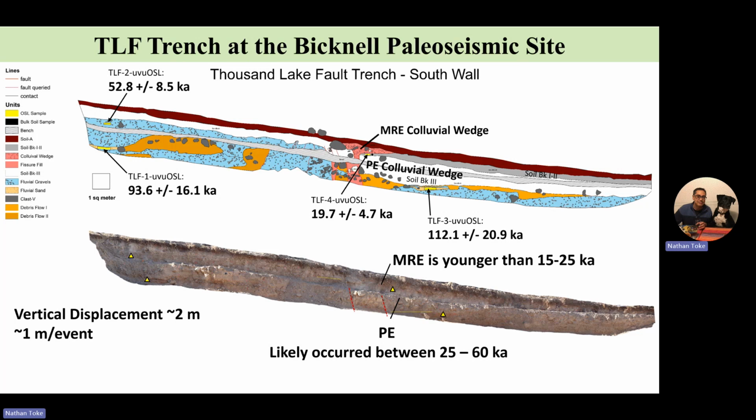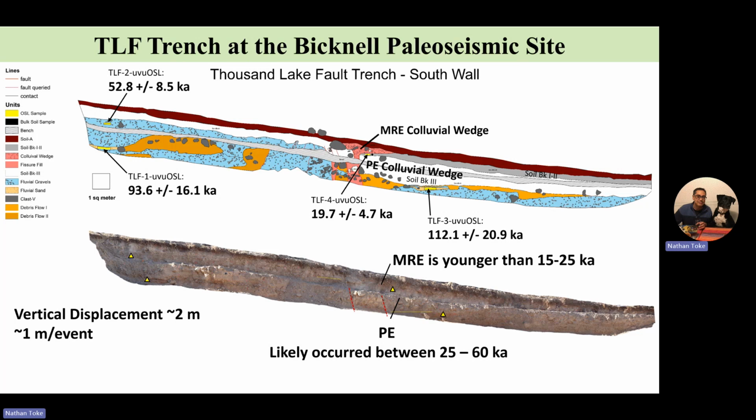So if you move up to the interpreted map, we interpret it as a stage 3 BK soil on the downthrown side and the upthrown side. But on the downthrown side, we have another level of soil, which we say is BK stage 1-2. And that is actually sitting under a wedge of colluvium coming off the fault scarp.